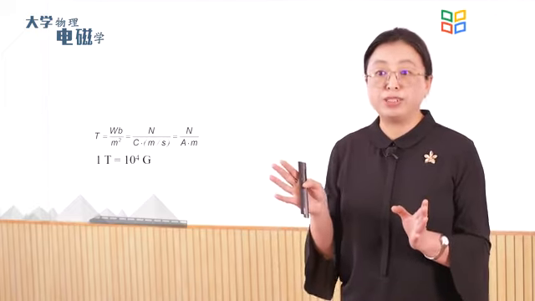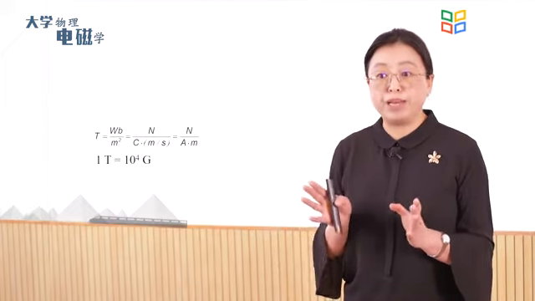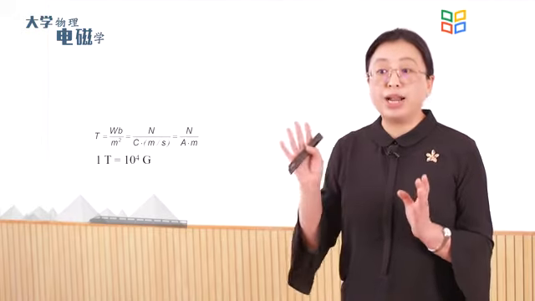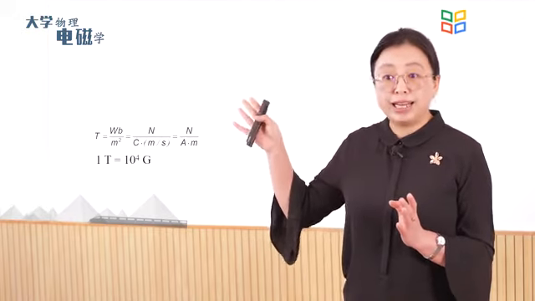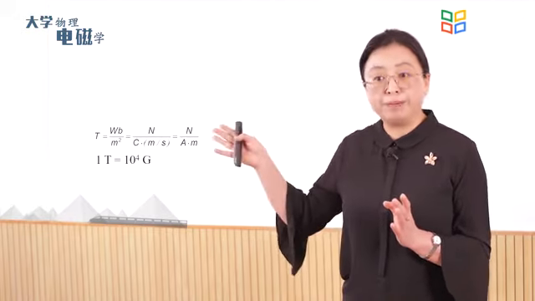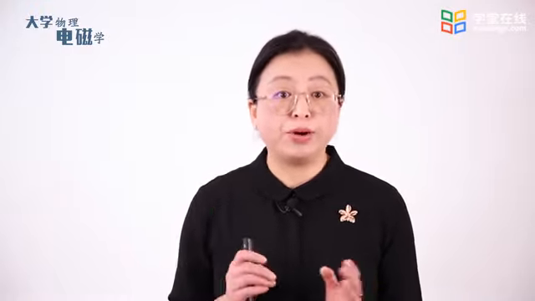Another commonly used non-SI unit for B is the Gauss. The relationship between Tesla and Gauss is shown here. The magnetic field is then defined in terms of the force acting on the moving charged particle.